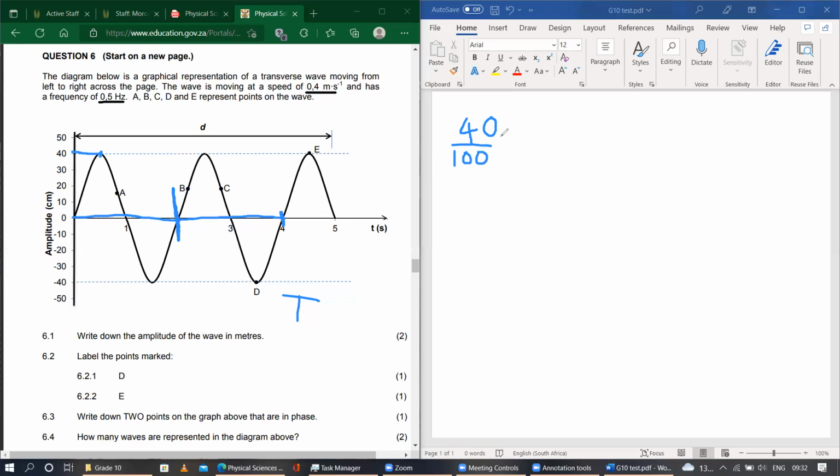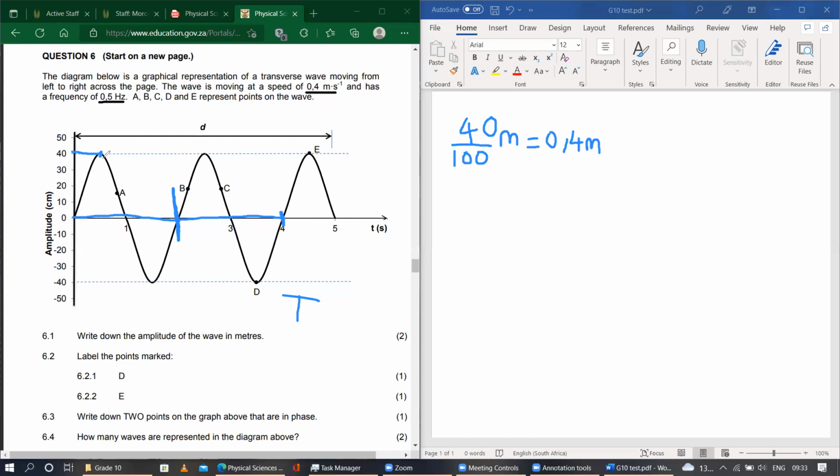So 40 divided by 100 gives you 0.4 meters. So that's your amplitude for this wave.